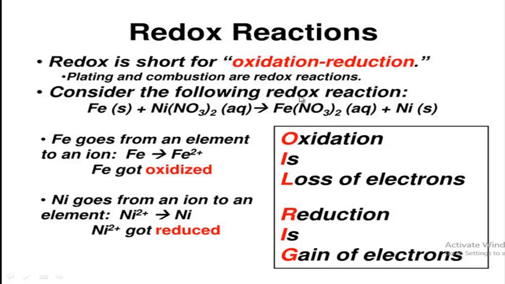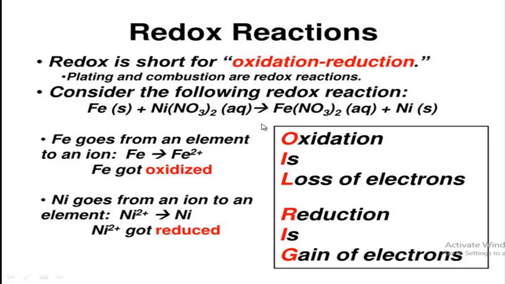After the reaction, the oxidation number of iron becomes +2, nitrate is -1, same as before, and nickel is 0. So nitrate remains unchanged, but the oxidation number of iron is converted into +2 from 0 and nickel ion is converted to 0 from +2.